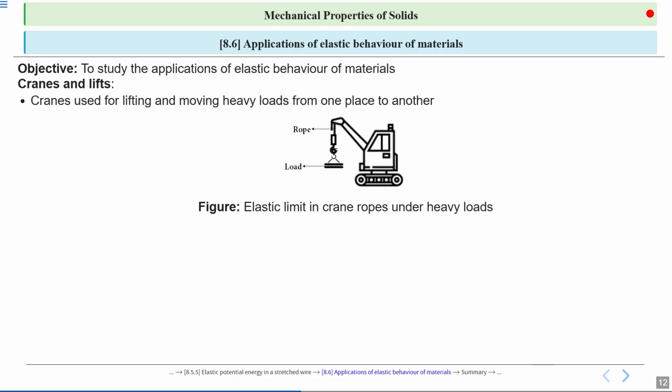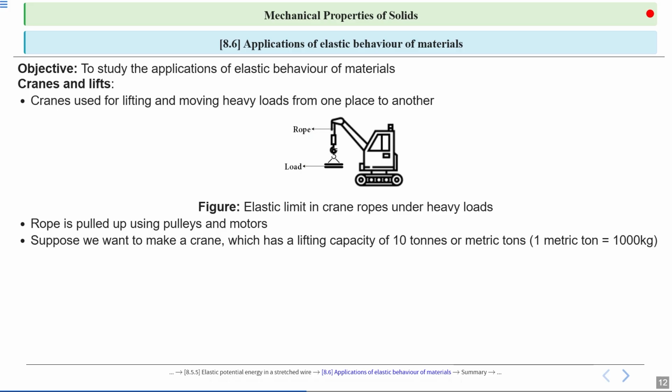The elastic limit in crane ropes under heavy load. So the ropes in cranes are pulled up using a system of pulleys and motors. The pulleys help change the direction of the force and make it easier to lift heavy loads, while the motors provide the power needed.